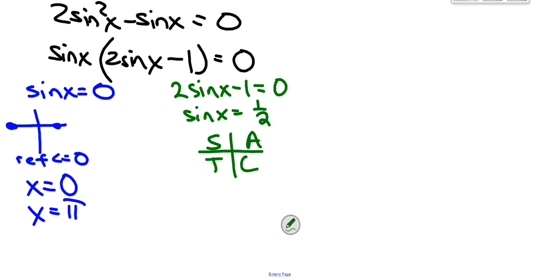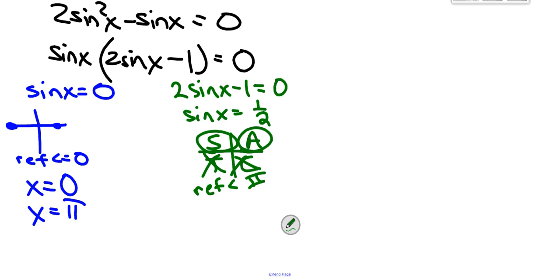All students take calculus. Sine again is positive for this one, so I'm going to get those 2 answers. I'm not going to use those 2. What is my reference angle? When is the sine of x equal to 1/2? Pi over 6.